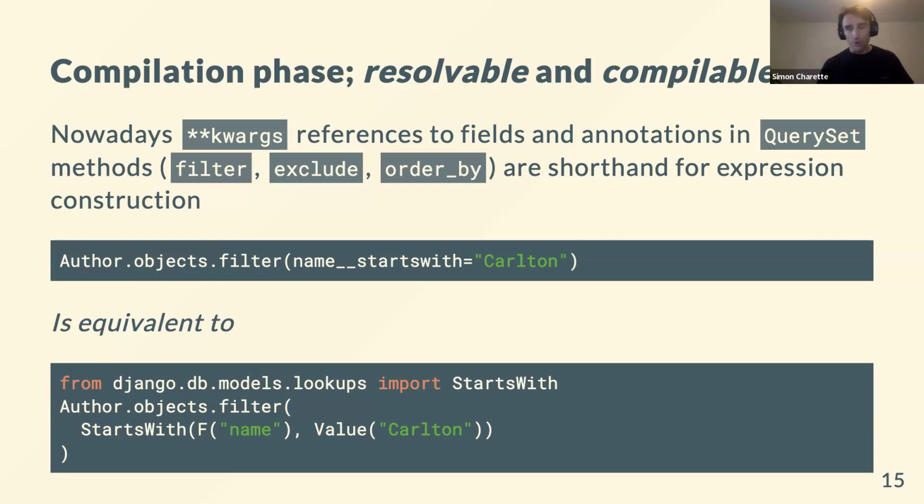You don't have to do any import or class creation. It's way more readable, but it's important to remember that at this point it's a shorthand over importing all of these objects yourself, and it's easier to read and reason about.